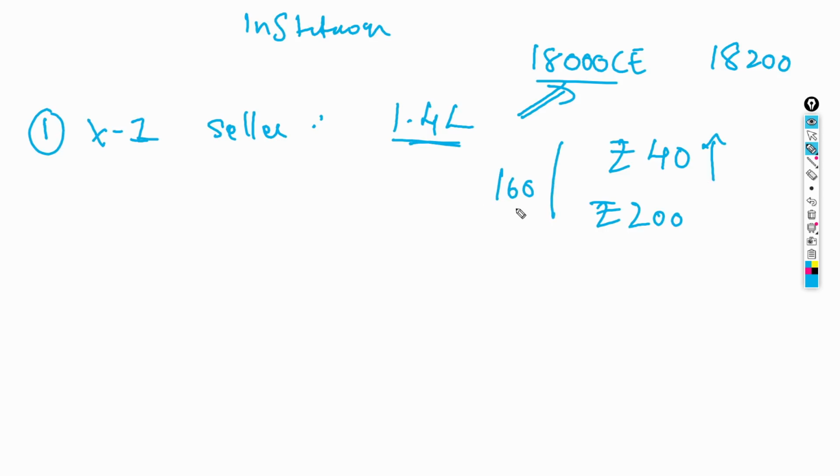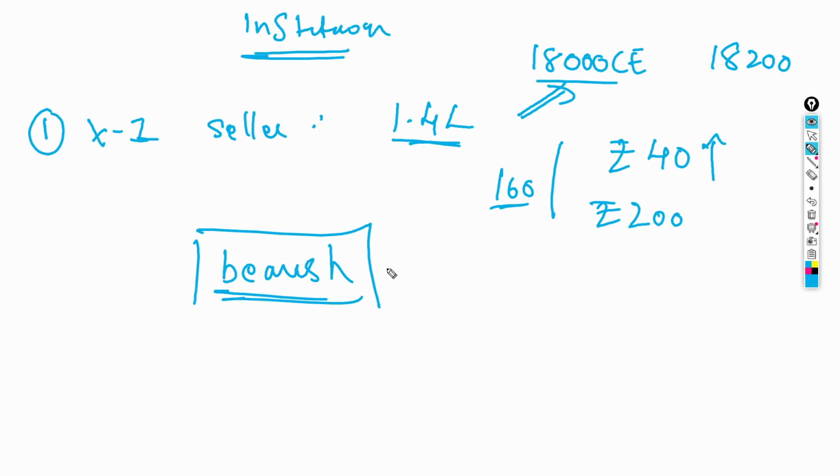So from the point of view of the seller, assuming that institution is a seller, if they are selling a lot of call options, that means the sentiment in the market is bearish. To be extremely clear, if there are a lot of call options and institutions are sellers, the sentiment in the market is bearish.